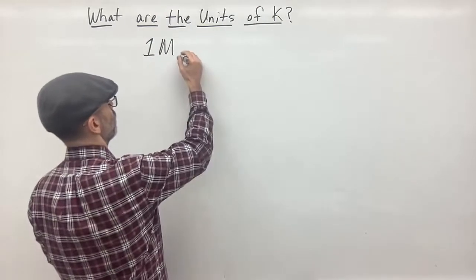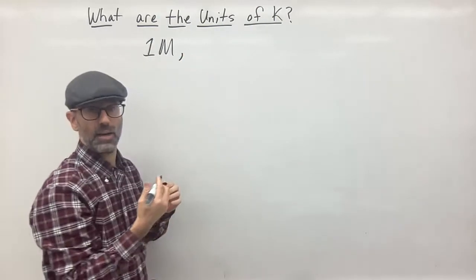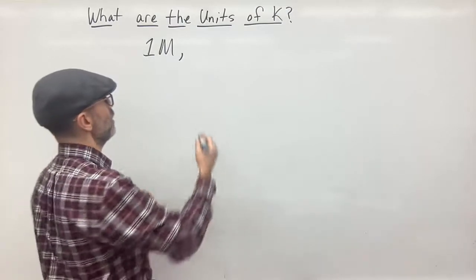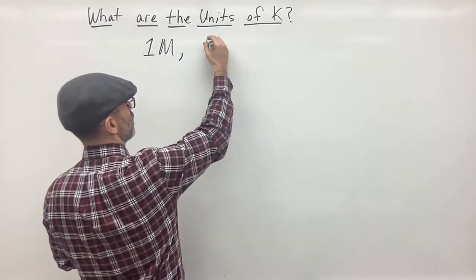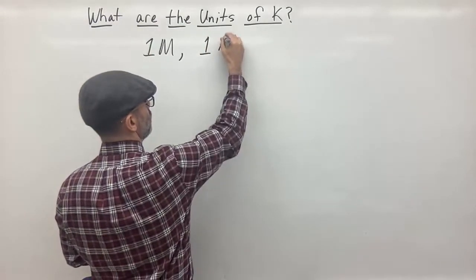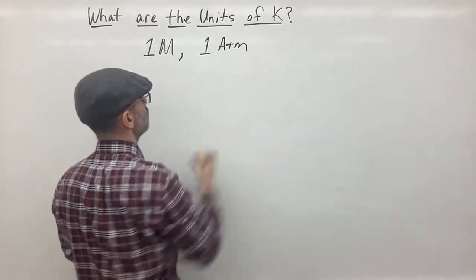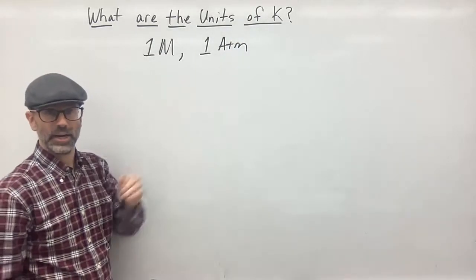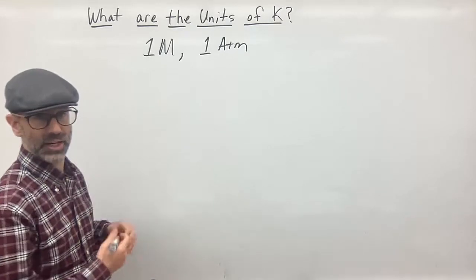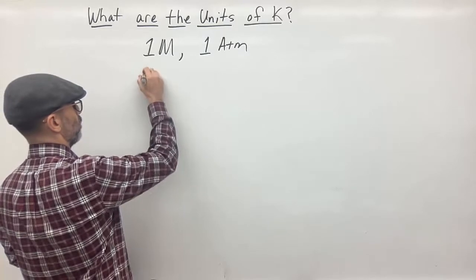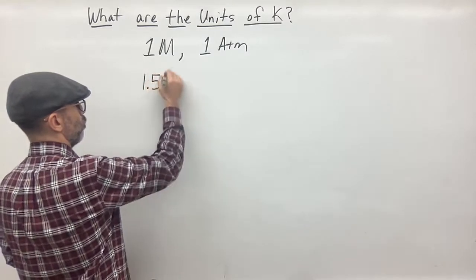And if you're doing partial pressures and you're measuring pressures in atmospheres, then the reference is 1 atmosphere. So if you have a measurement, let's say you're measuring a reactant that is 1.5 molar.